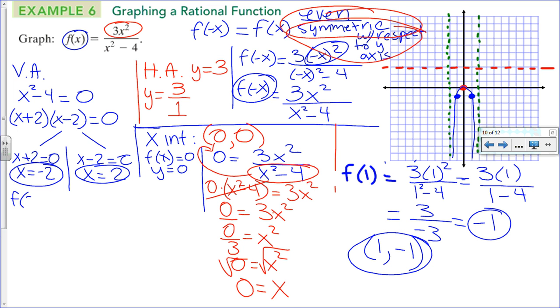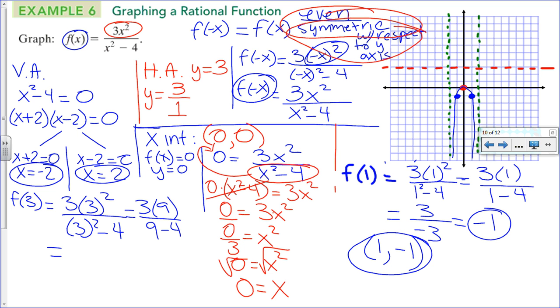So I'm going to find f of 3, and that would be 3 times 3 squared over 3 squared minus 4. 3 times 3 squared, so we have 3 times 9, and then 9 minus 4. So f of 3 will be 3 times 9 is 27. 9 minus 4 is equal to 5. And so that will be 27 over 5, 27 fifths, and that is a little bit over 5. So when x is equal to 3, the y value is 27 fifths.